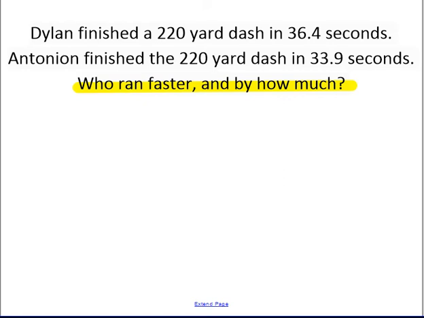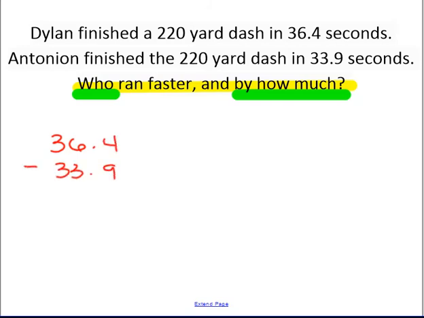So the first question is, who ran faster? And the second question is, by how much? That how much is telling me subtraction. So first I'm going to subtract my 2 numbers. 36.4 minus 33.9. I'm going to borrow.